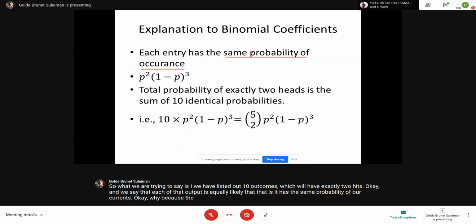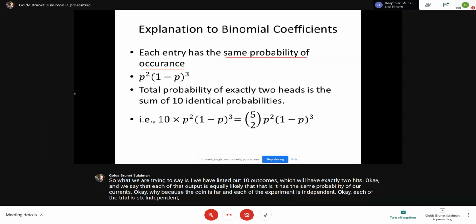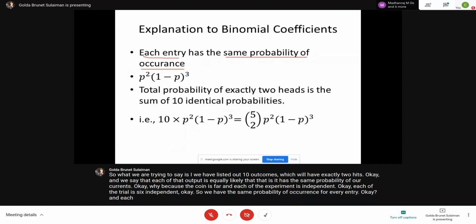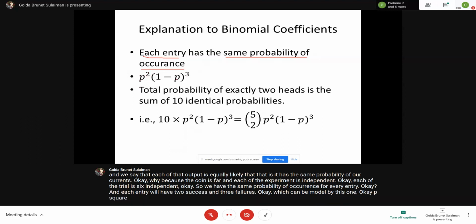Because the coin is fair and each trial is independent. Each entry has two successes and three failures, which can be modeled by p squared times (1 minus p) the whole cubed.